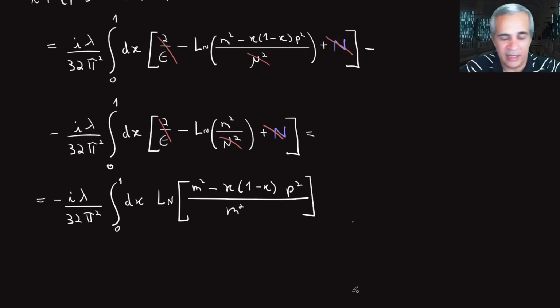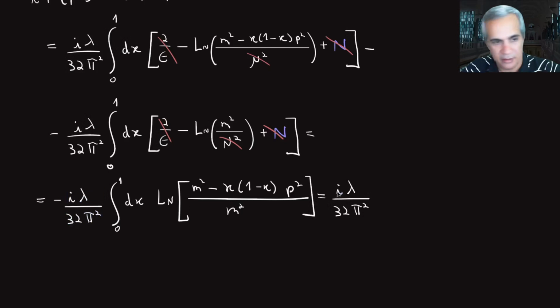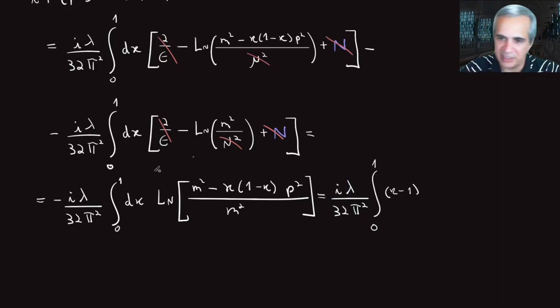I can do this integral by parts. I can just rewrite these as the sign changes, and write this as an integral from 0 to 1 of x minus 1. This is the guy that becomes dx here in an integral by parts.